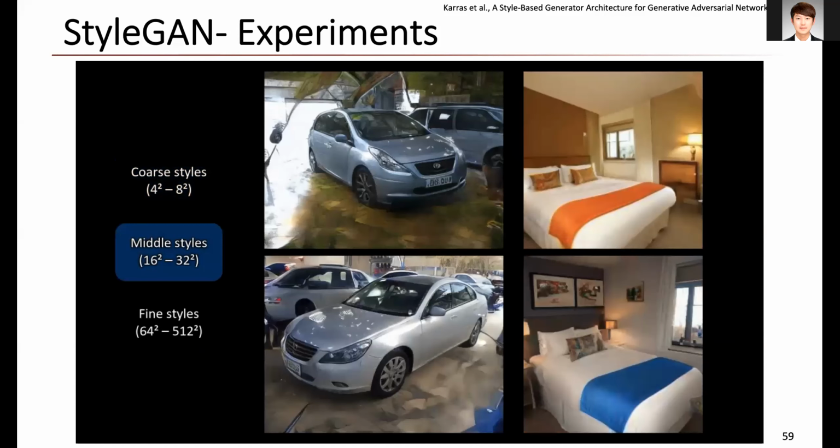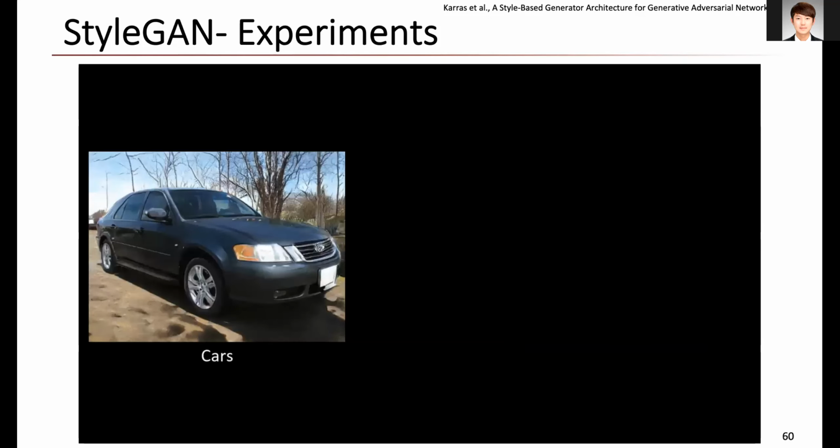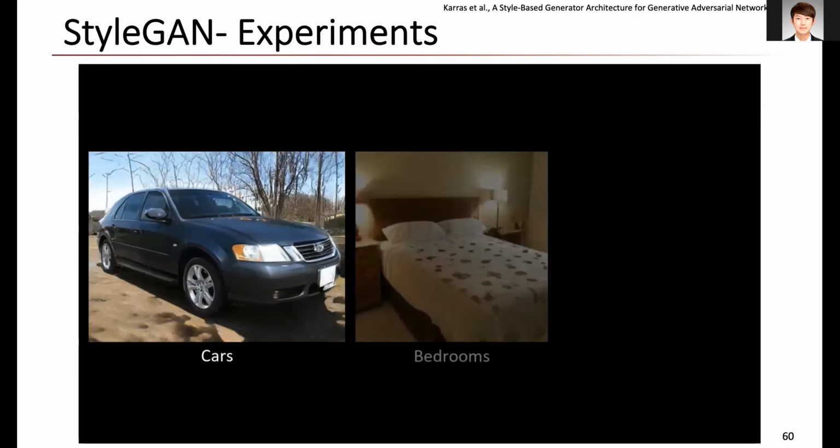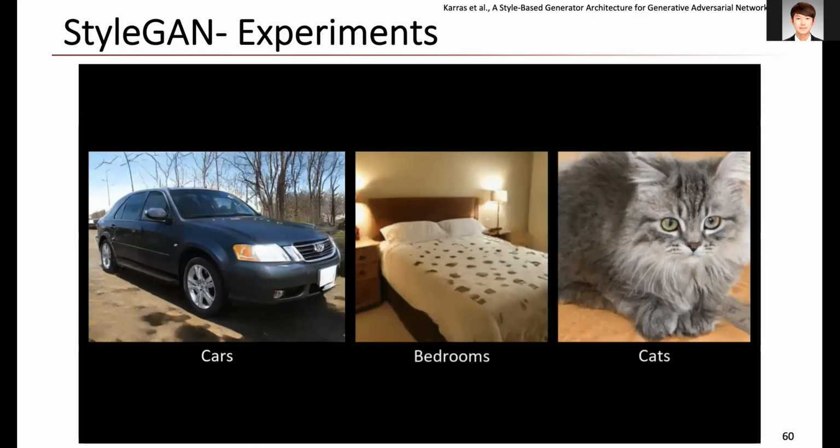So these are the fake images, the images generated by StyleGAN. This animation shows the perturbation applied to the generated images. Looks like this. Anyway, that was StyleGAN. Are there any questions?